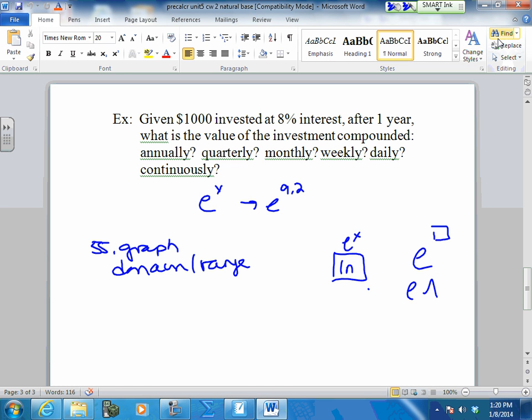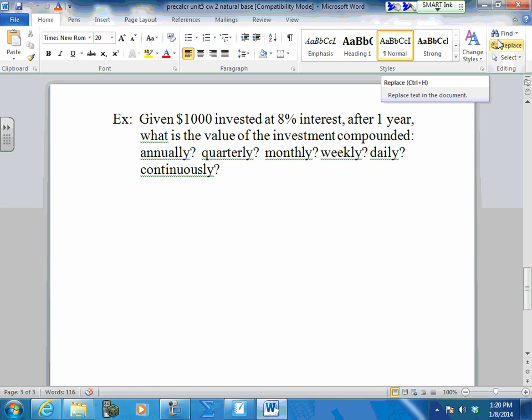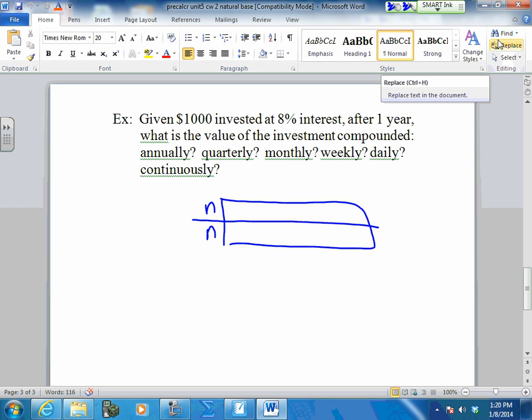On the back, here's how the chart works. You have a chart, and it says N and A. So this is 1, 2, 4, 12, 365, and continuously, right?